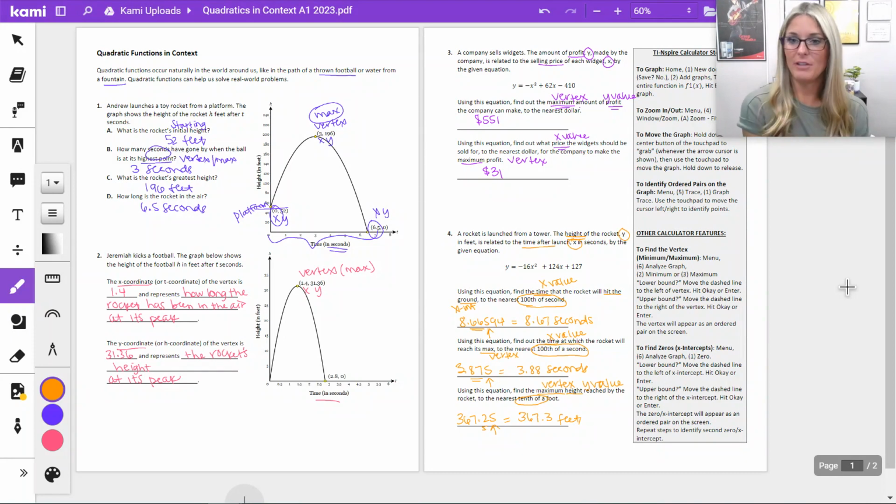Then when we were given the graph, identifying initial height, greatest height, seconds for how long it's been in the air and things like that. And then we moved on to our second page where we utilized our own calculator to create our own graph so we could interpret information for the context, looking at the company with the widgets and the rocket from the tower. Careful on the rounding, of course.